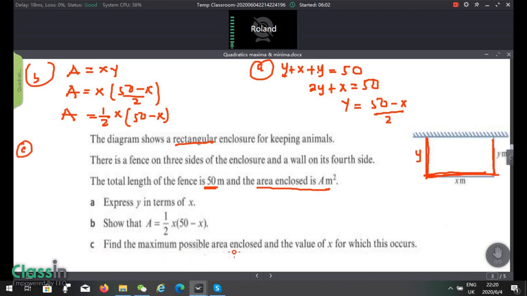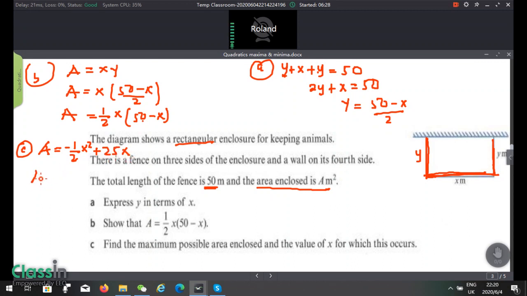C. Find the maximum possible area enclosed and the value of x for which it occurs. So if we complete the square, we can find the maximum area and the value of x at which it occurs. The area is half times x times (50 minus x), which is 25x minus x squared over 2. This is negative 1 over 2 x squared plus 25x.